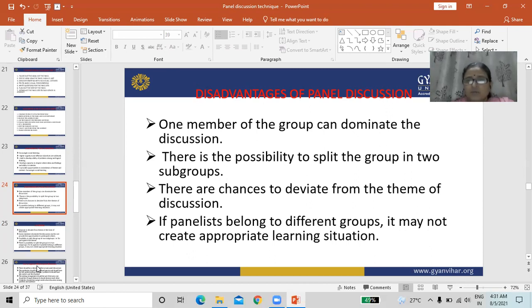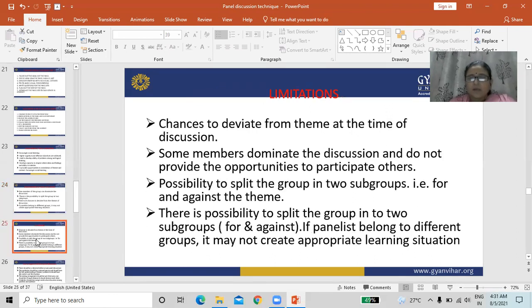So these are the disadvantages of panel discussion. Now we will discuss limitation of panel discussion. Chance to divert from the theme at the time of the discussion. So at that point, moderator plays an important role, so this type of problem we can reduce.